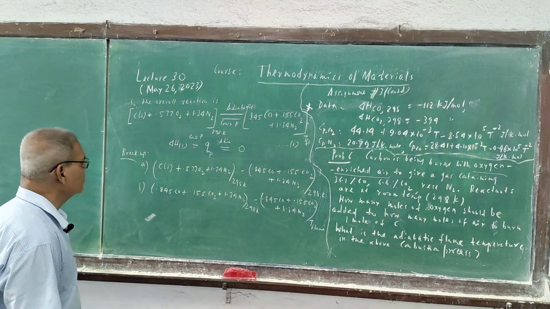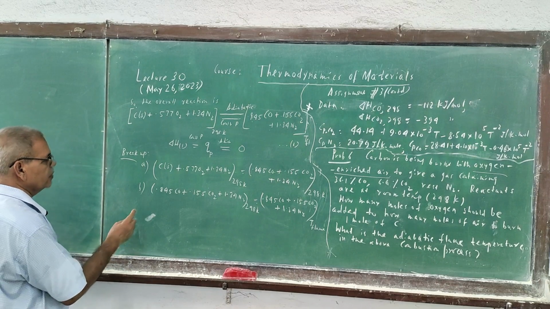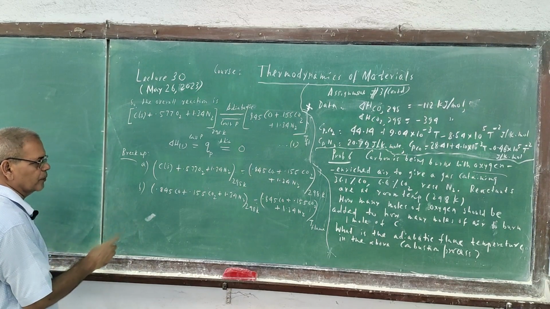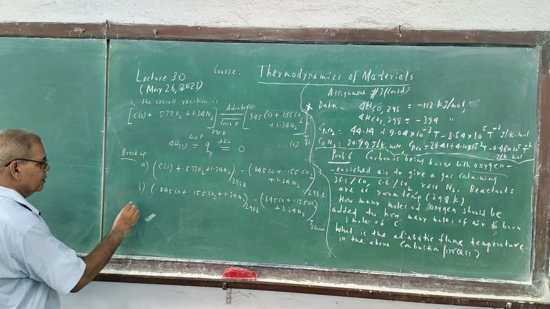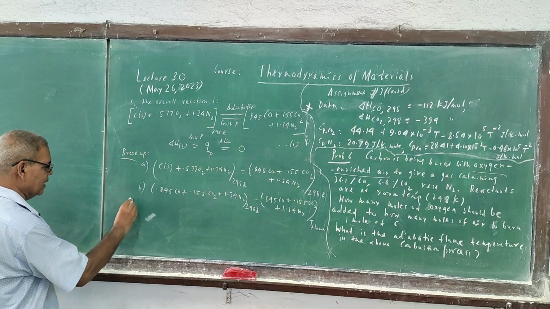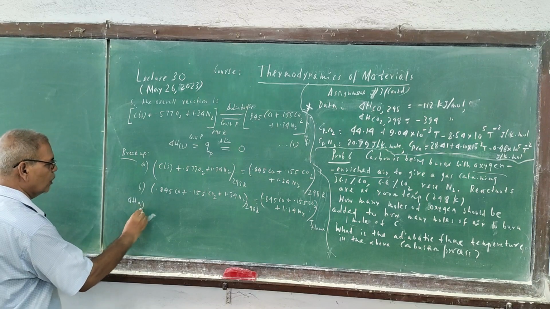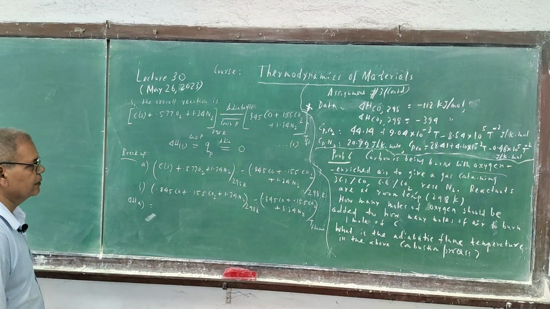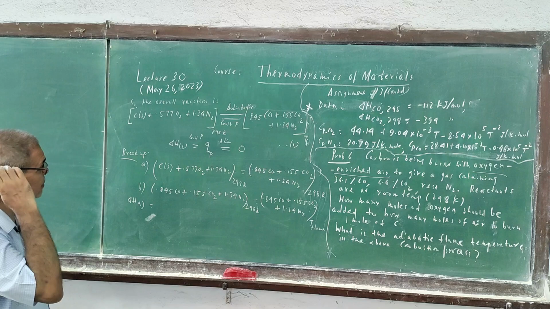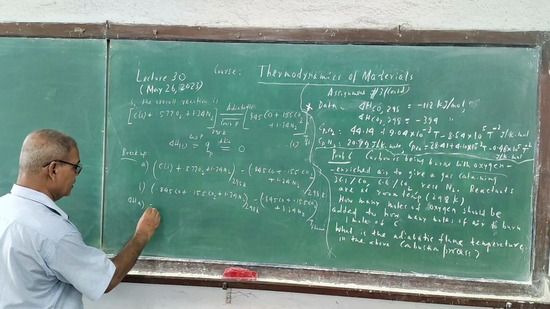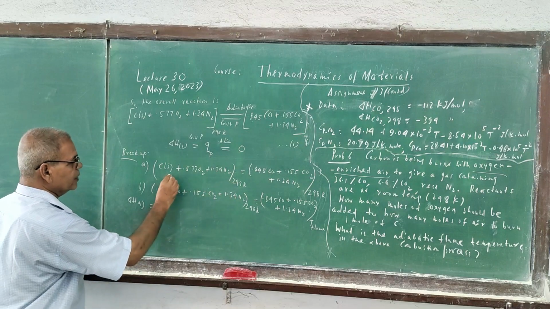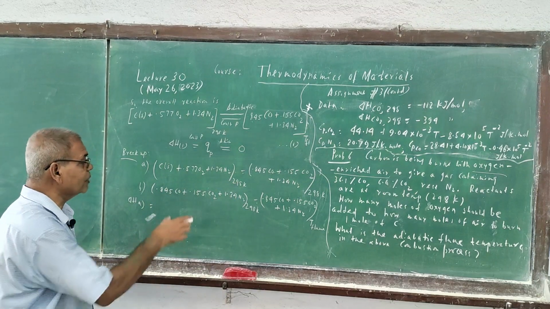So you may note this here. Delta H is what? Do one by one. Please tell me what is delta H. You see, it is a reaction, so this is purely a reaction. What type of reaction?